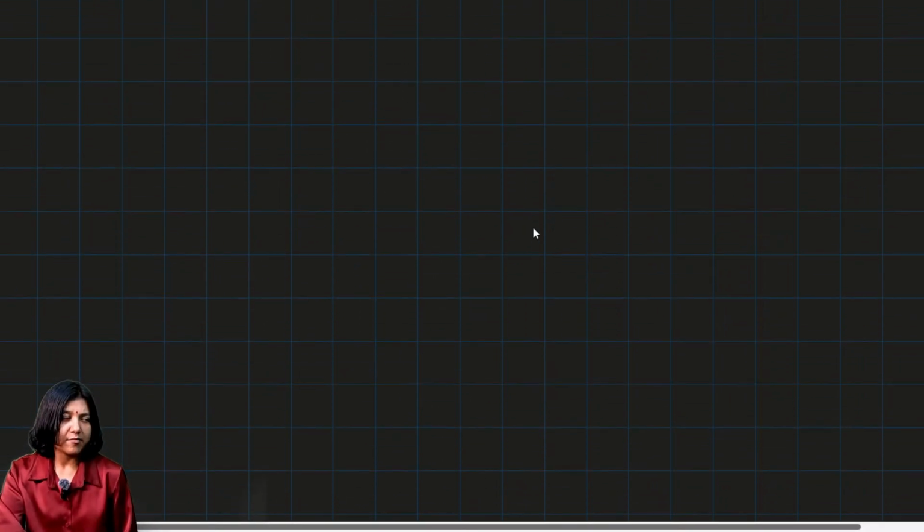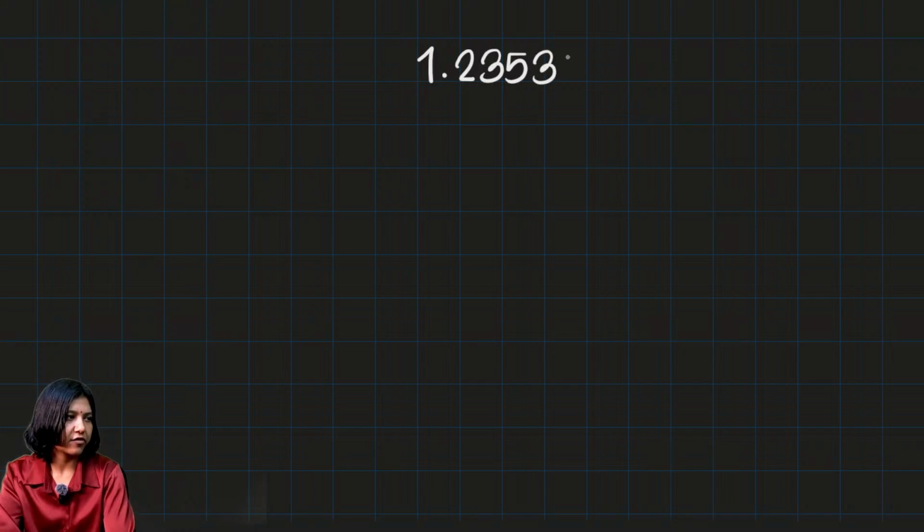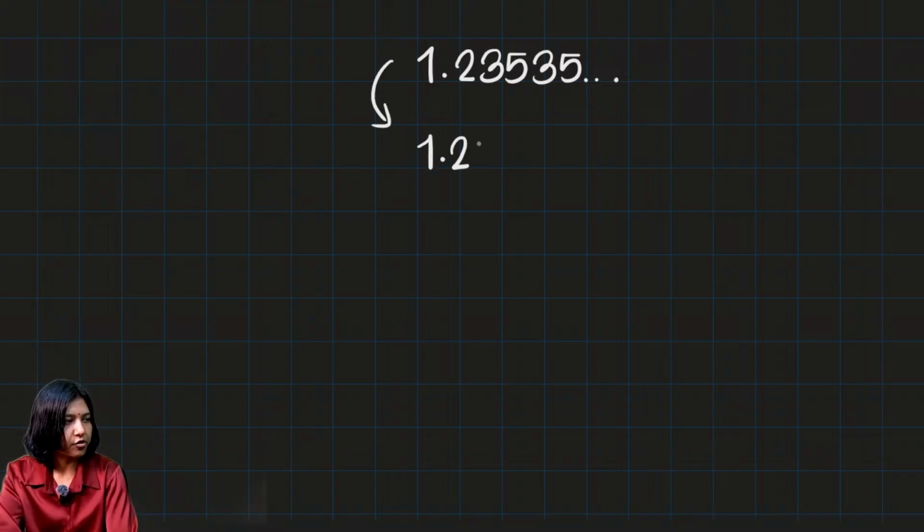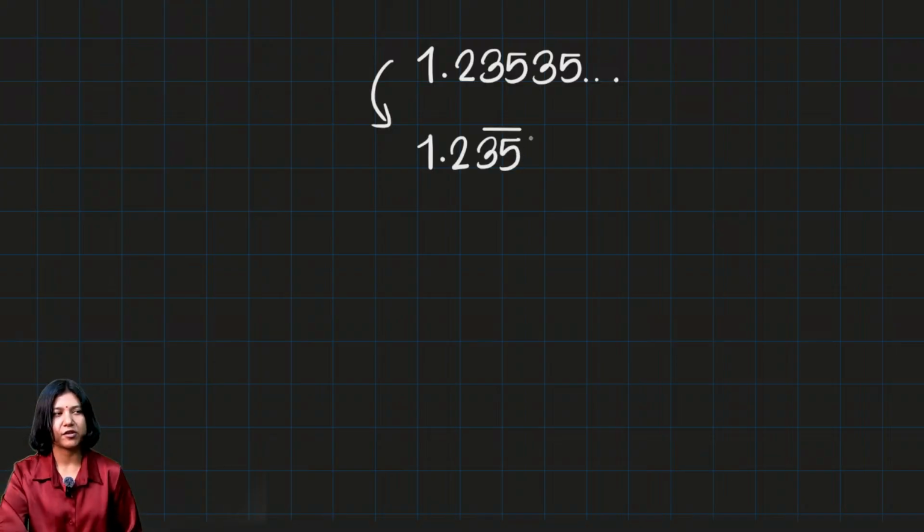But sometimes you also have numbers like 1.2353535, where only 35 is being repeated. I can write it otherwise in the bar form as 1.235 bar, where the bar is just above 3 and 5 while 2 is not being repeated.